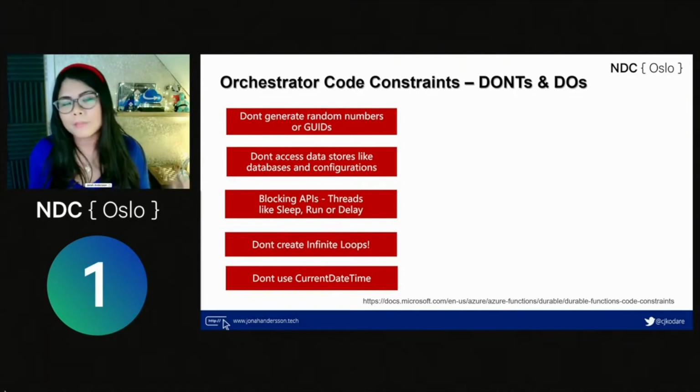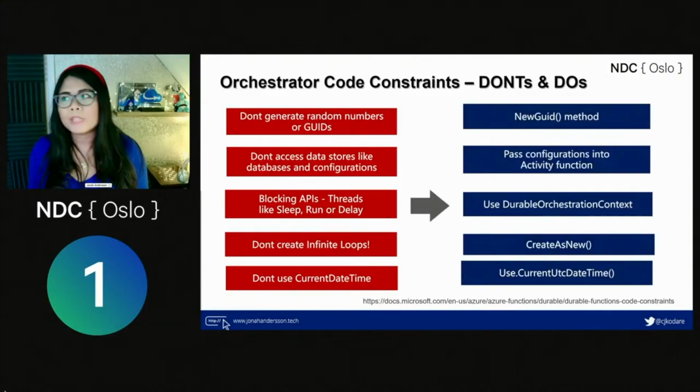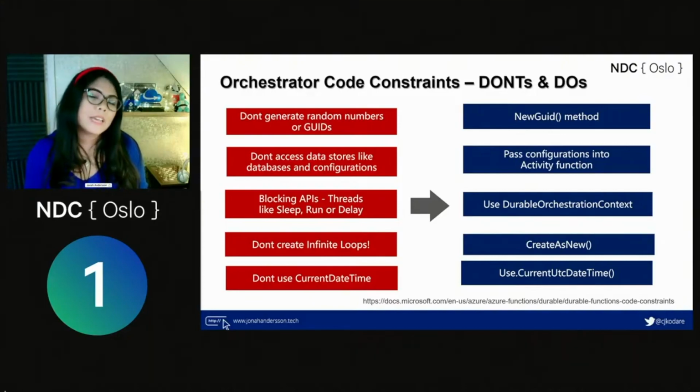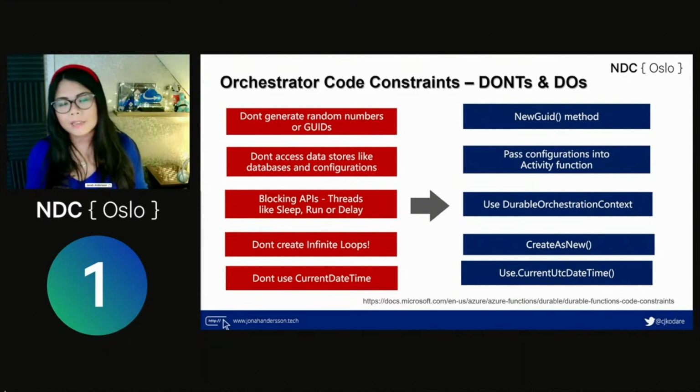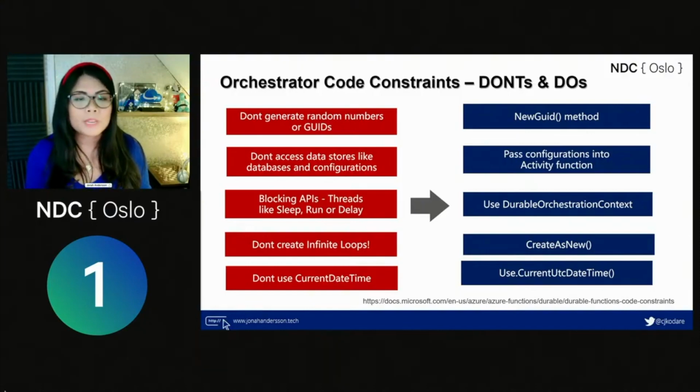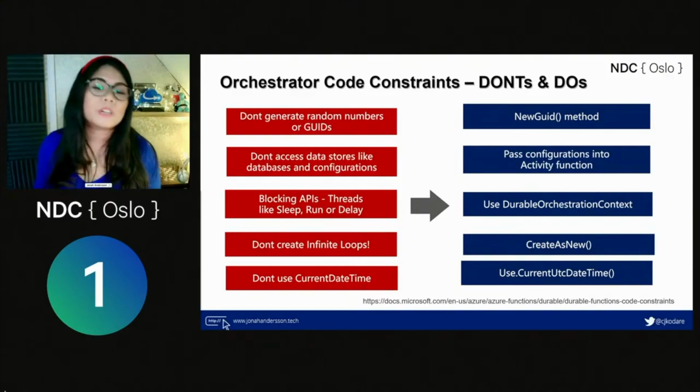It changes every millisecond. So what you can do instead is that if you really need to create random numbers or GUIDs, then there's a method in the orchestration context called NewGuid. And you can also pass your connection string or configuration in the activity functions. And if you really need to do some control of threads or asynchronous processes, there are actually great methods already in the durable orchestration context.